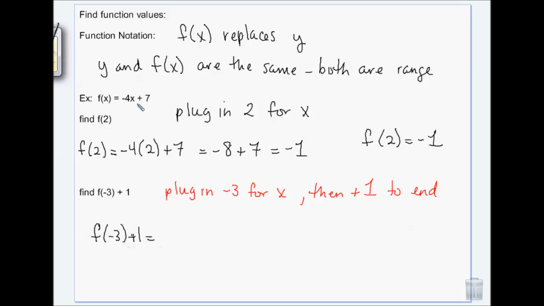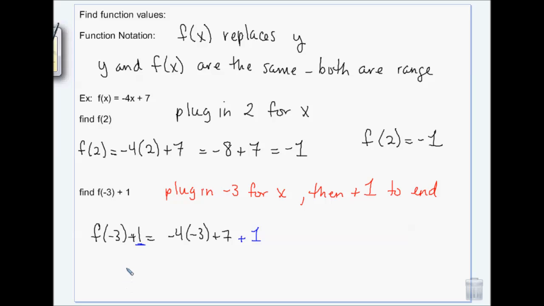So I take that negative 4x, I replace it with negative 3, plus 7. That's replacing it. Then I also have to do this, plus 1. For this plus 1 that's right there, it just gets tacked on to the end. Does that make sense?